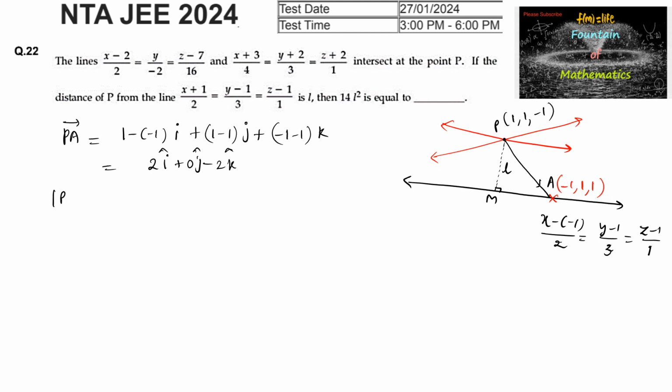The length of the vector PA, we can write root of 2 square plus 0 square plus minus 2 whole square, which is equal to root of 4 plus 4, which is root 8. So we can say that the value of PA is root 8.